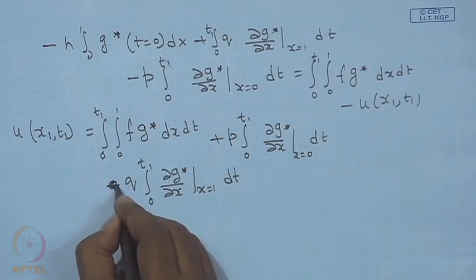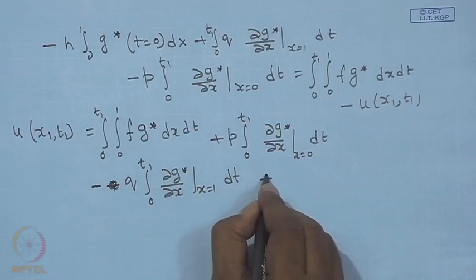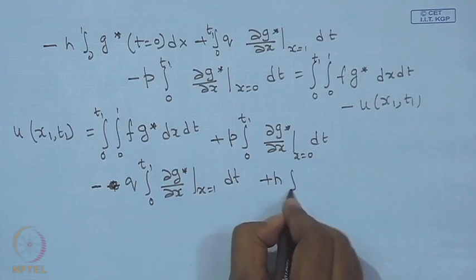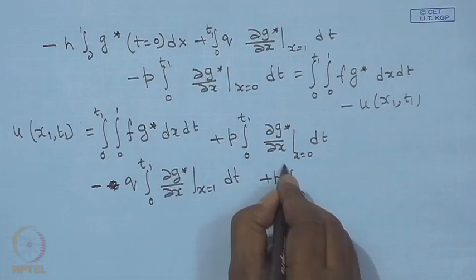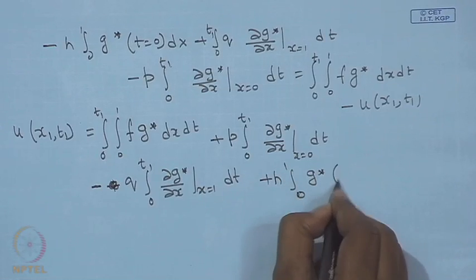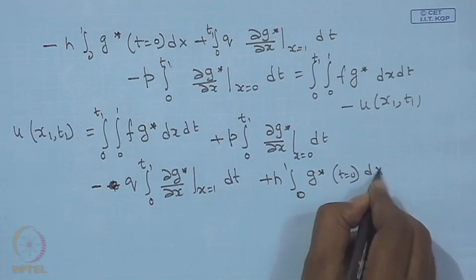Okay, when you change the sign, this will be plus h integral 0 to 1 G star at t is equal to 0 times dx.